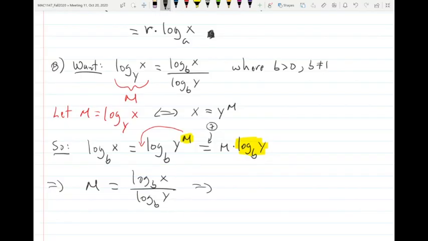And this is exactly what we wanted, because what was m? m was log of x base y, and we just proved that it equals what we needed to show. So in other words, you can just put whatever base you want. The price that you pay is that you're gonna get a fraction as a result. Okay, questions? Number 8.